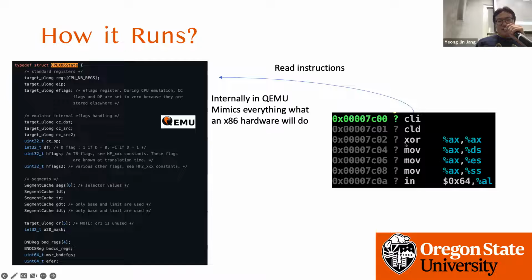And when we meet the XOR AX, it just zeroes out the AX register. So we can just follow the instructions and semantically make our virtual CPU state the same as the physical CPU if they ran the same instruction. That's it.